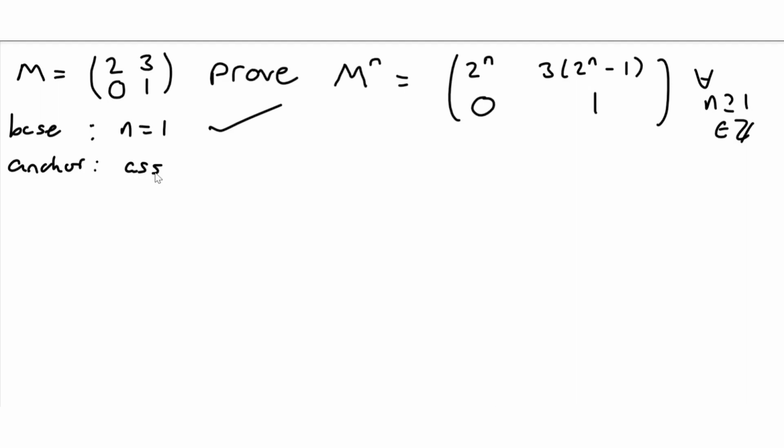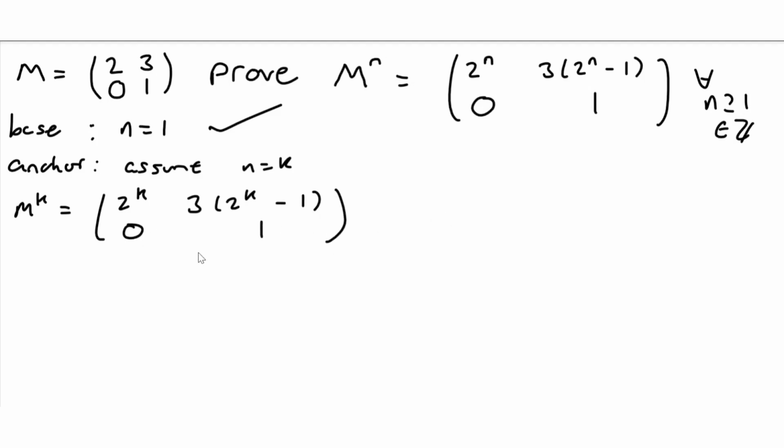is to assume for some n equals k that M^k is equal to 2 to the power of k, 3 times 2 to the power of k minus 1, 0, 1, and then our goal is to prove, using this assumption, that this is true for n equals k plus 1.